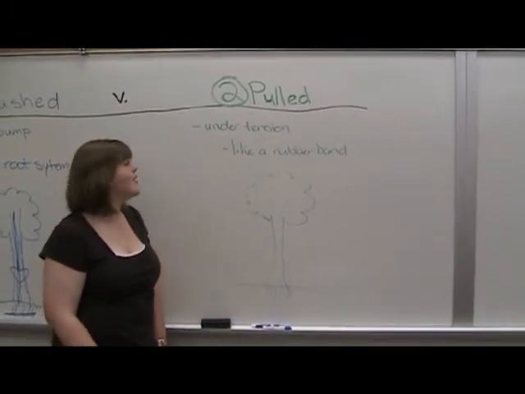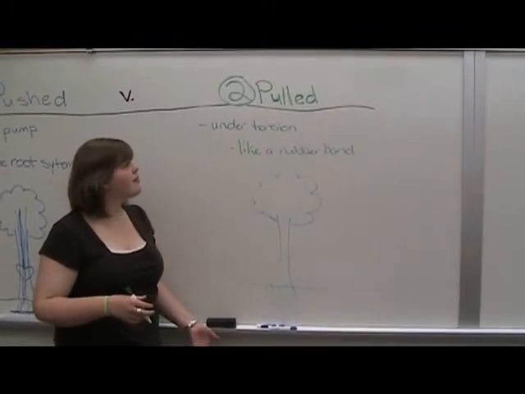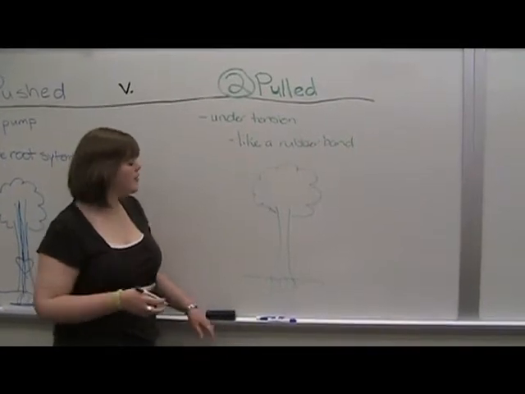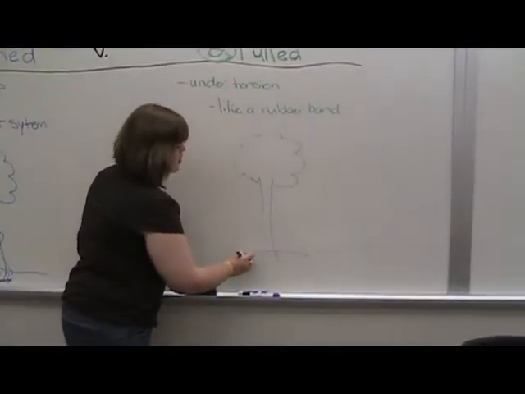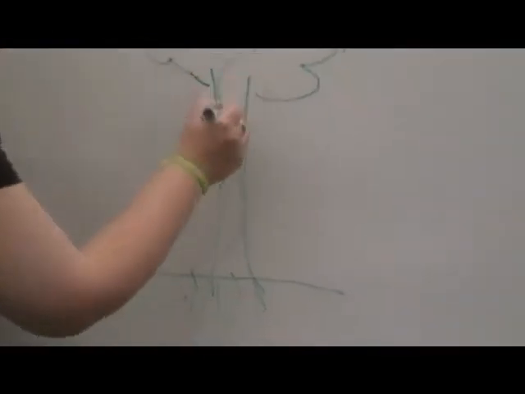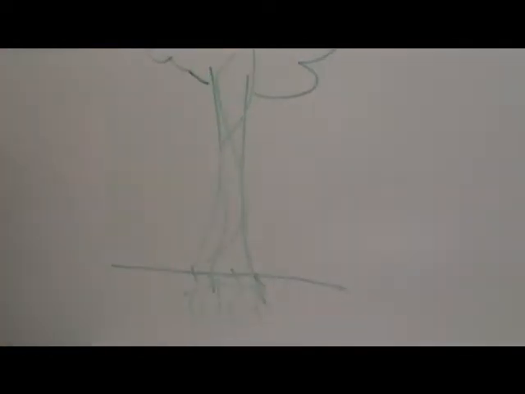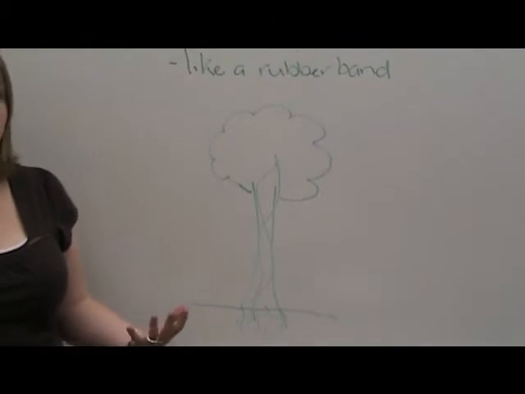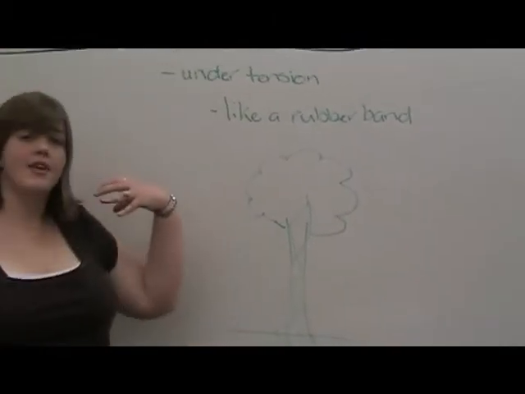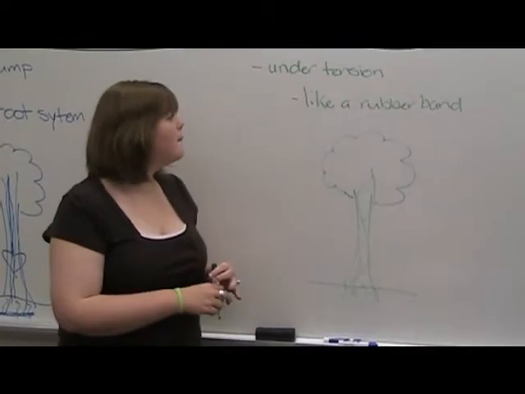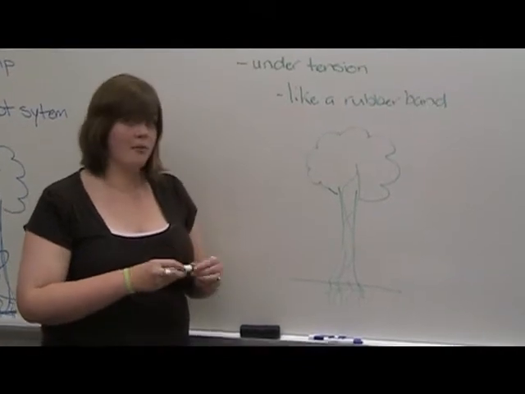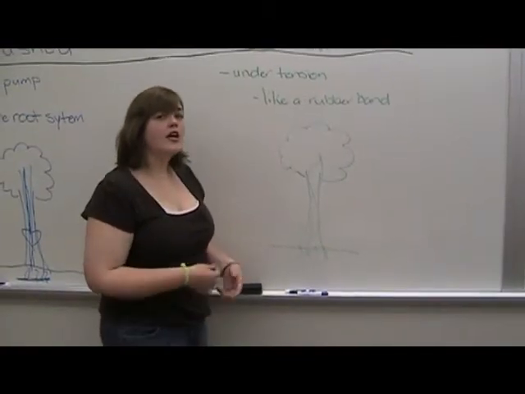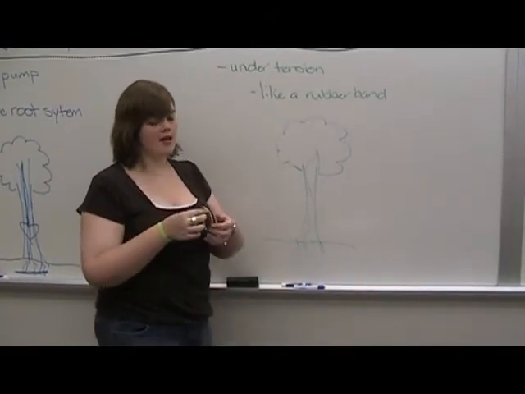So what about pulling? If water is being pulled from the root system up to the leaves, what would that look like? We don't really have a system in our body where we're pulling things up like a heart, but it could look something like a rubber band.